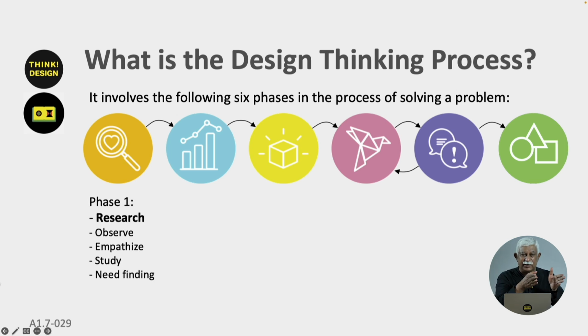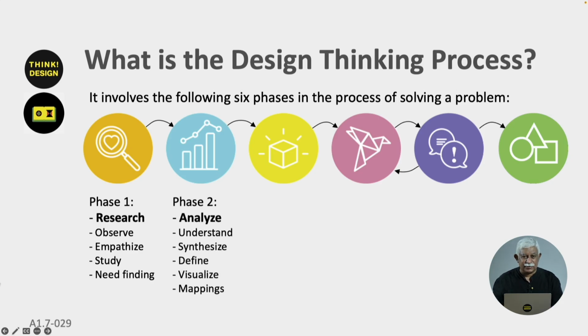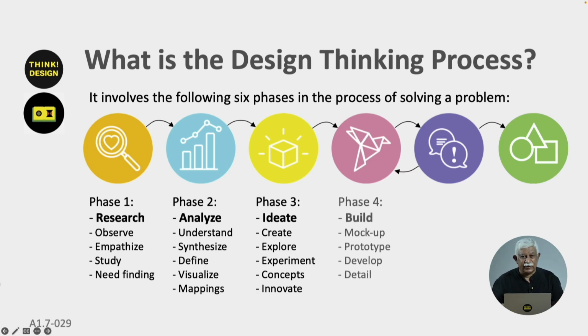It has phase 1 research, phase 2 is analysis of it, basically you are understanding it, defining it, visualizing it. The third part is ideating it. So, you create, explore, experiment, innovate. Phase 4 you build it. So, you create mock-ups, then prototype, then detail it.